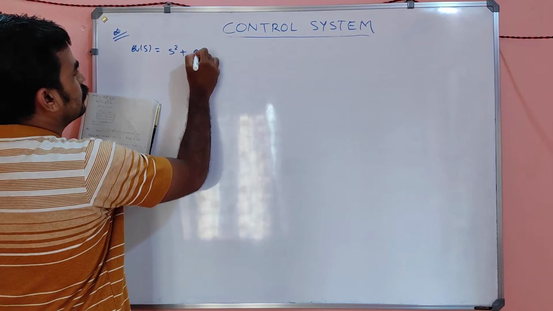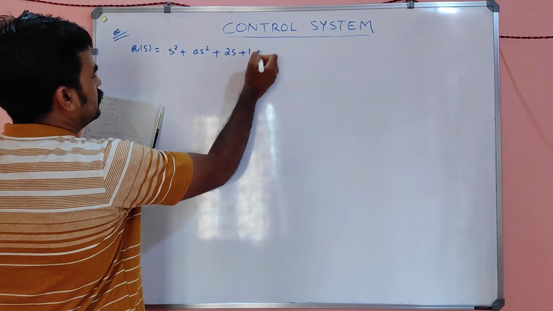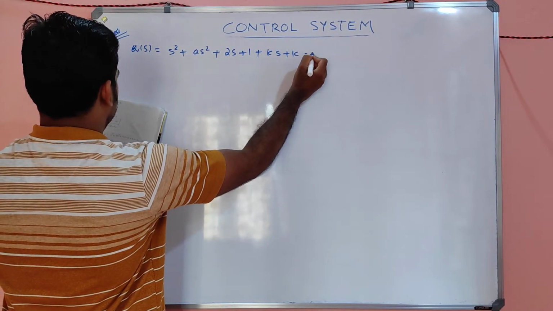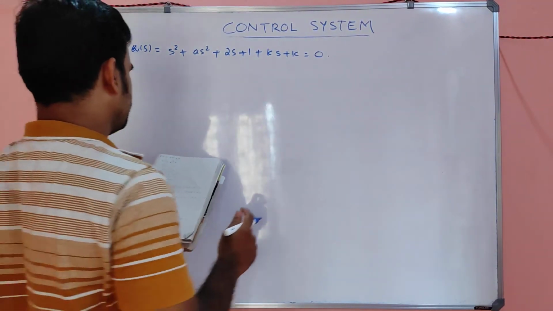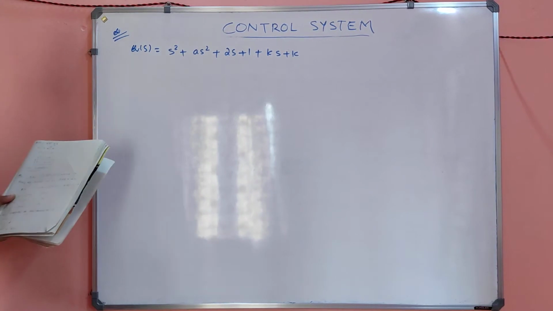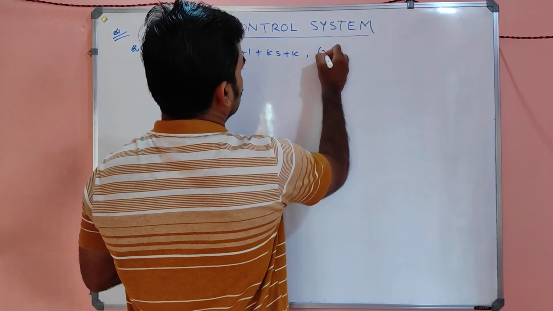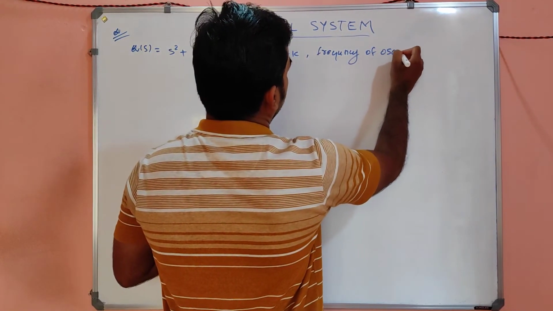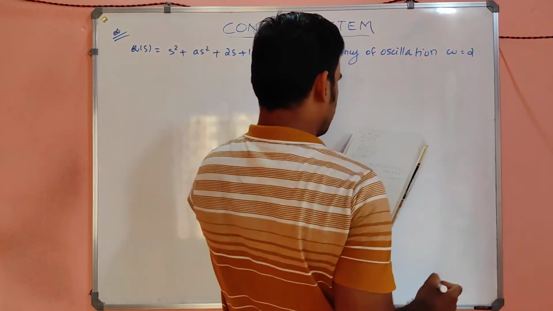Q of s equal to s square plus a square, plus 2s plus 1, plus Ks plus K equal to 0. Frequency of oscillation omega equal to 2.